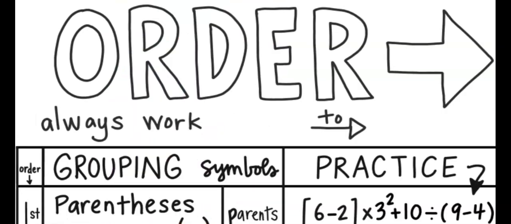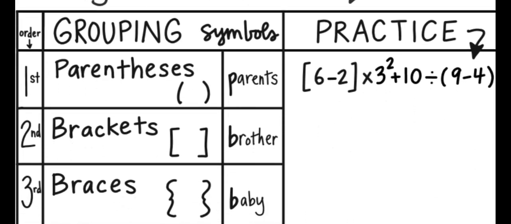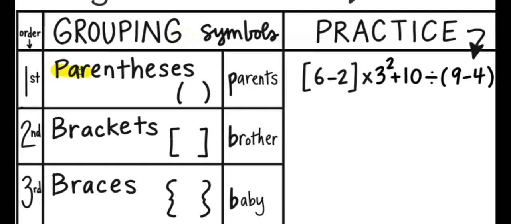All right, we're going to go back to this part of the notes and get into grouping. We're going to have more than one grouping symbol. We're going to start first with our parentheses. When you have an expression that has parentheses inside brackets and braces, you're going to do the parentheses first, because they are the furthest within the expression.